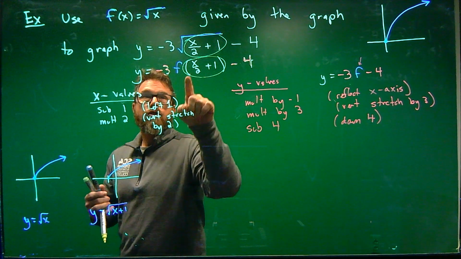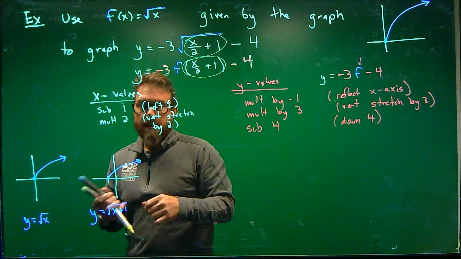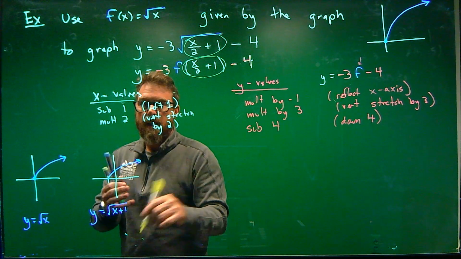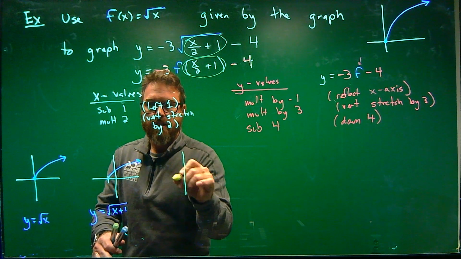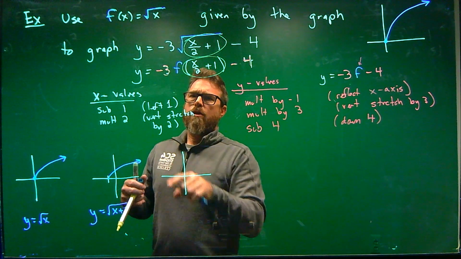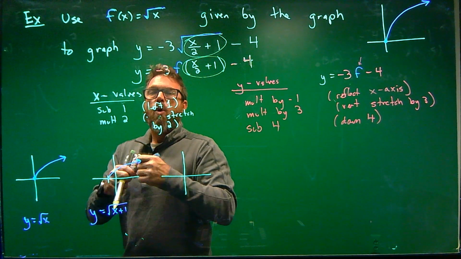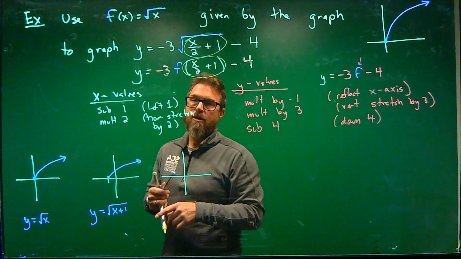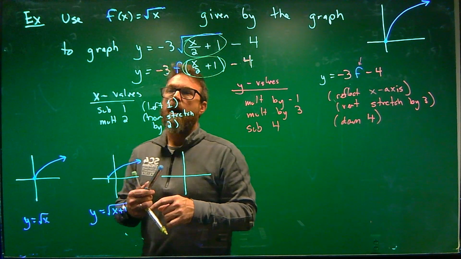Now we have to divide all the x's by 2, which means I'm going to have to multiply this by 2. So now we're going to have this. Remember, these are x values, so this is a horizontal stretch.